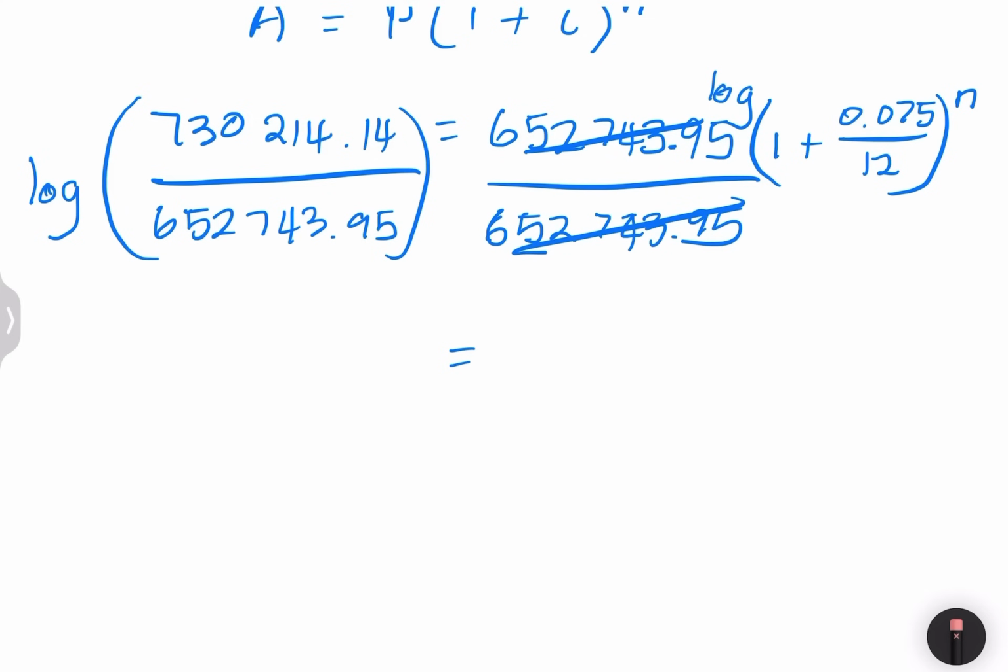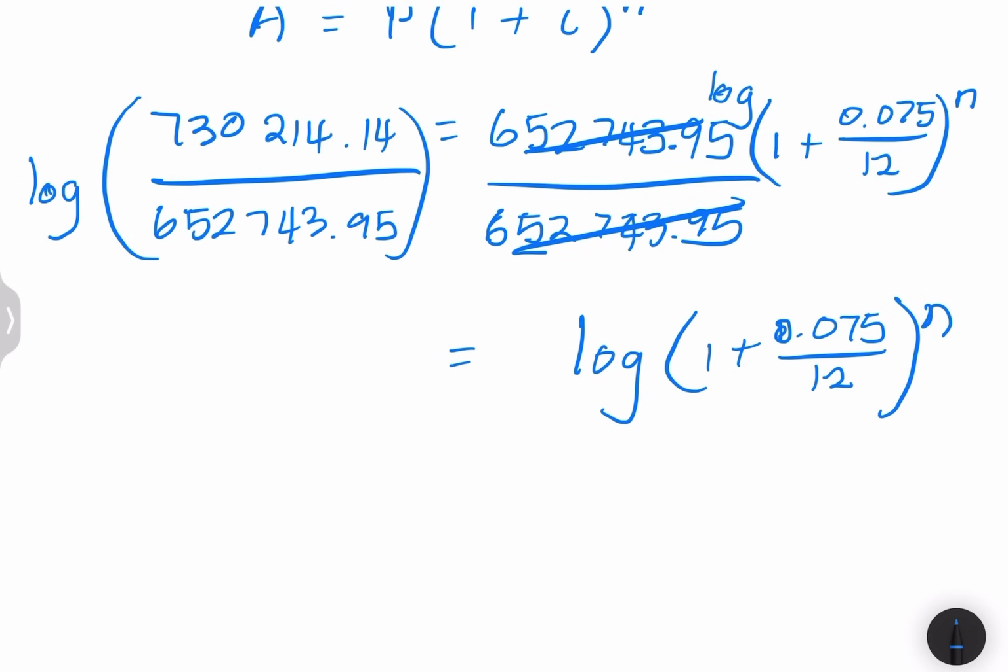Why do I want to do that? Remember, once I take the log of that whole thing, 1 plus 0.075 over 12, with exponent n, with logs I can drop down the exponent. So this becomes n times the log of that entire thing, and I can divide by 0.075 over 12.